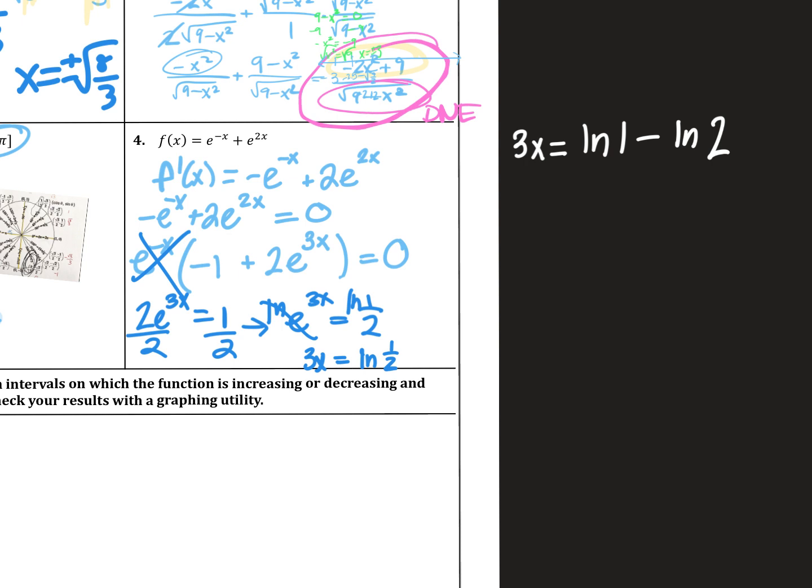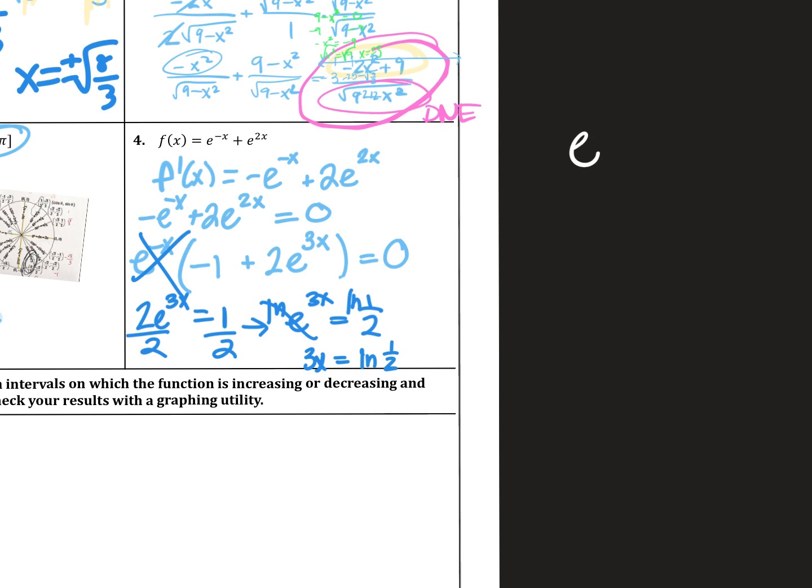All right, so then we're setting that equal to 0. I moved my 1 over, so that's where I have 2 e to the 3x equals 1. I divided by 2, so I had e to the 3x equals 1/2. I feel like this is where I lost some of you.